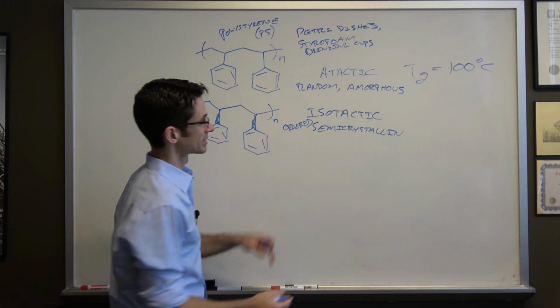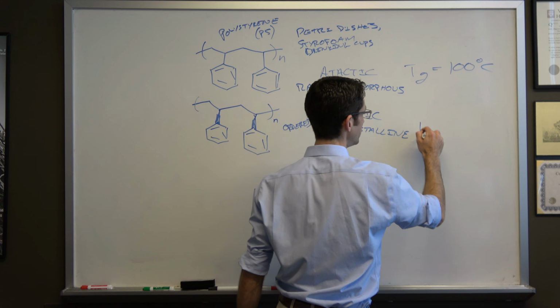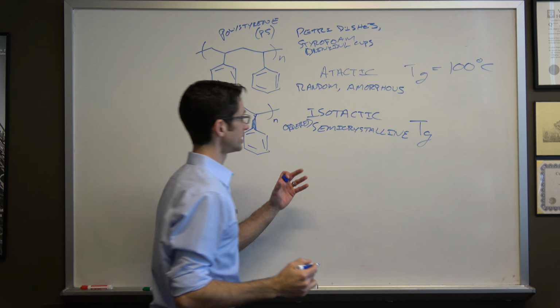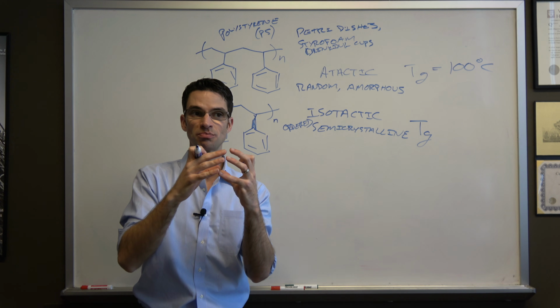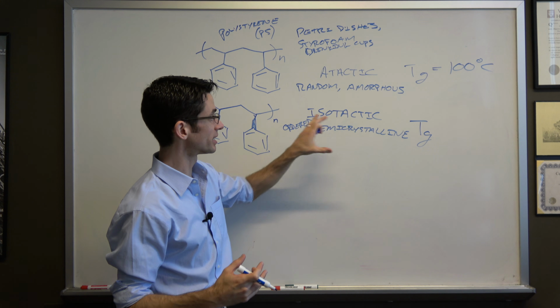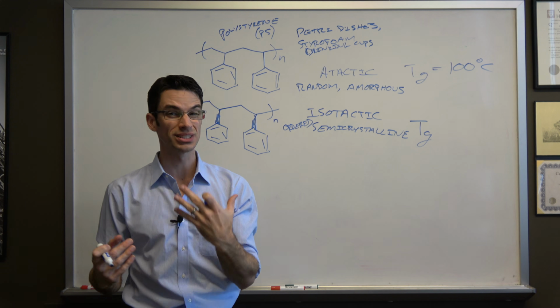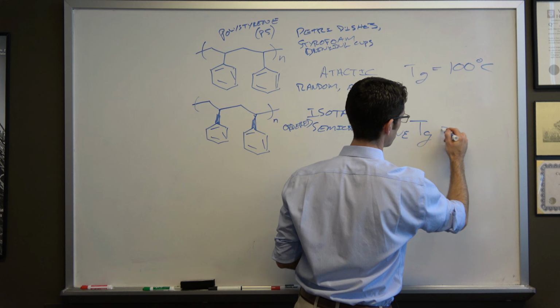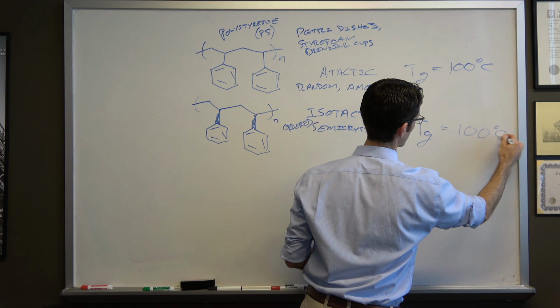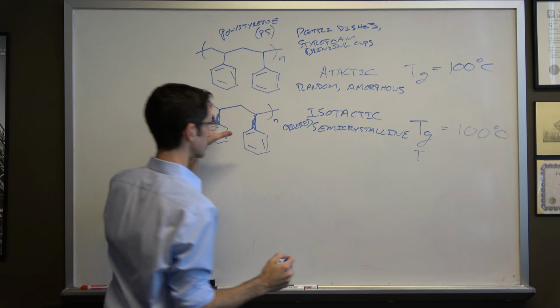A semicrystalline polymer has a Tg because it's partially ordered and partially, so it has an ordered structure and it has some crystallites in it, but the rest of it is like spaghetti. So it still has a Tg of 100 degrees C, but it also now can form crystallites because there's some order here.